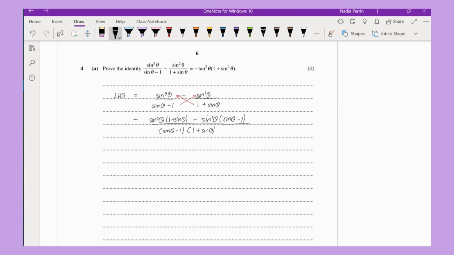So just expanding that numerator. Negative sine squared times -1 is going to become positive, so just be really careful with your positives and negatives. These cancel out, which is lovely, and I haven't done anything to the bottom so far.